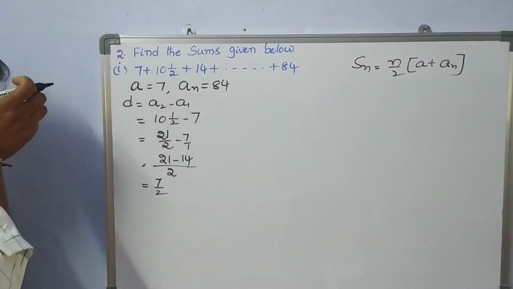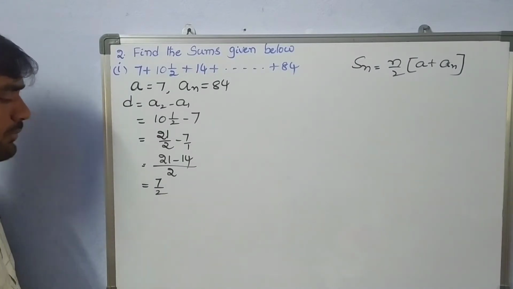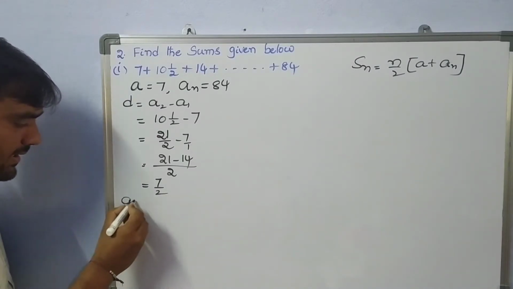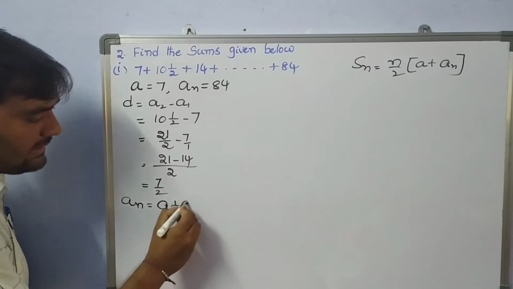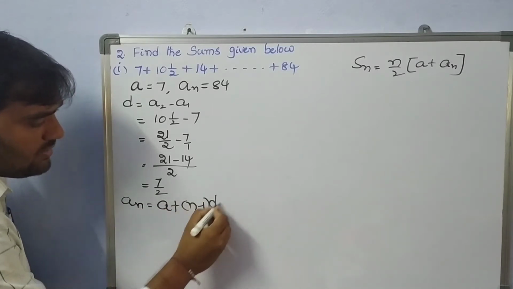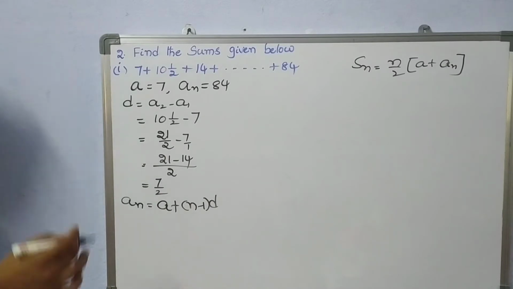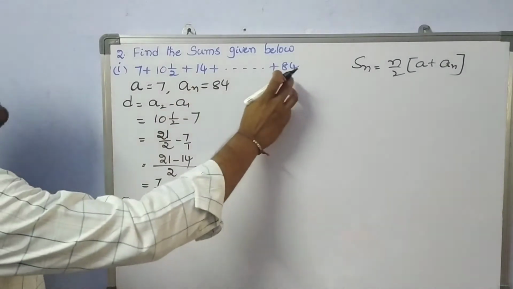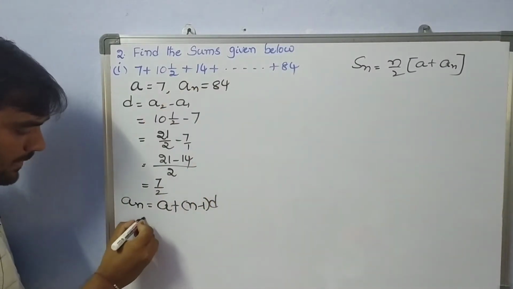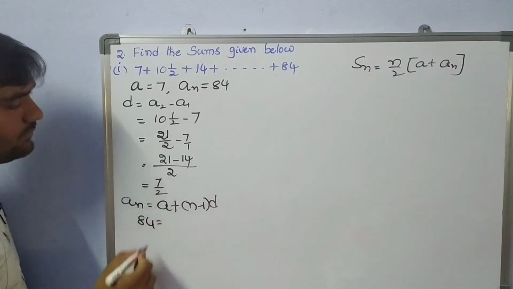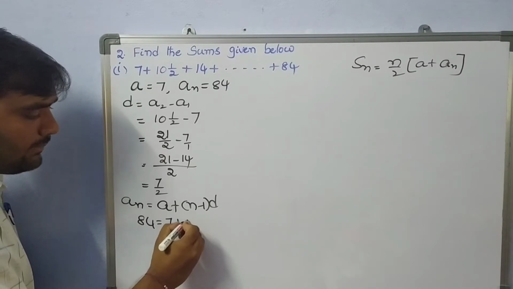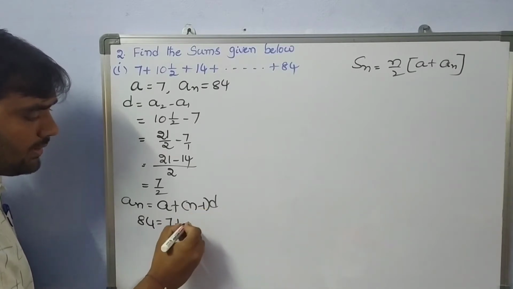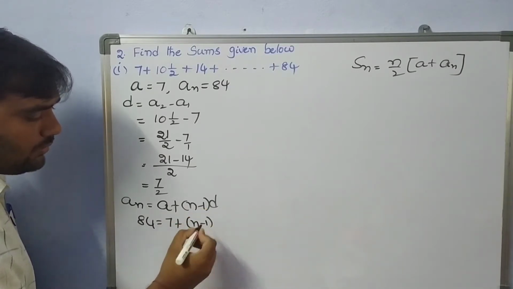By using the general term of the arithmetic progression, that is an is equal to a plus (n minus 1) into d, we need to find the number of terms. So the last term is 84. 84 is equal to a, which means 7, plus (n minus 1) into d.